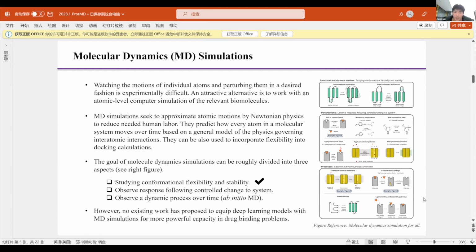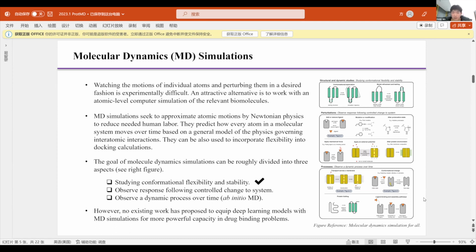And as we can see, watching the motions of individual atoms and perceiving them in an efficient fashion is experimentally difficult. You must pay lots of labor or money to experimentally determine the binding process, right? An attractive alternative is to work with computer simulations of the relevant biomolecules.